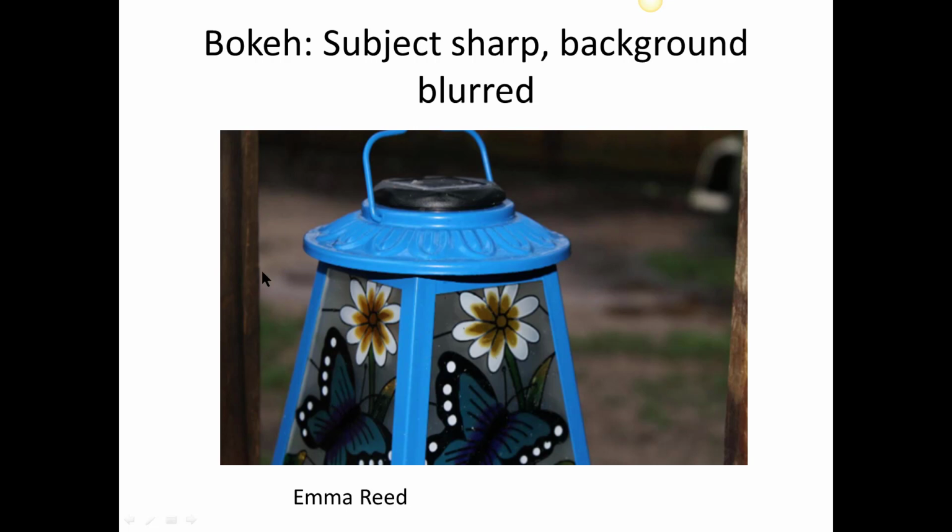But when you have the bokeh effect and you really blur out this background, it really helps. A number of you had a little bit of trouble with this bokeh effect because your subject was too close to the background. So this is a good example here where Emma had lots of room to work.